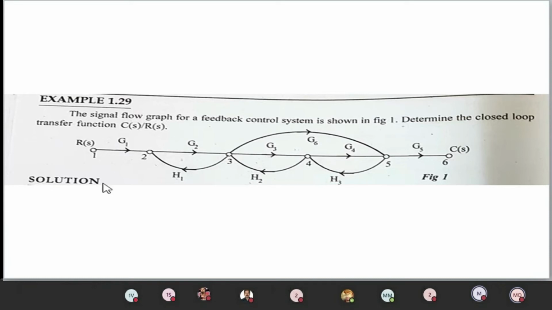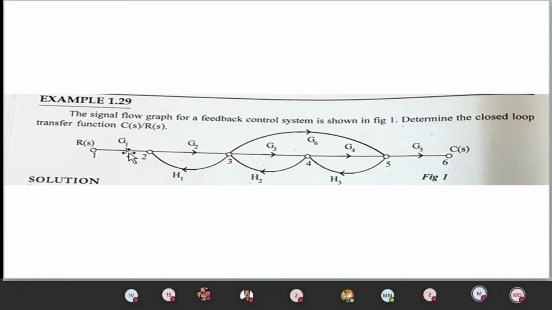Okay, once again check, because most of the students might skip another loop, that is 3 to 5, 5 to 4, 4 to 3. Okay, so you have 4 individual loops.